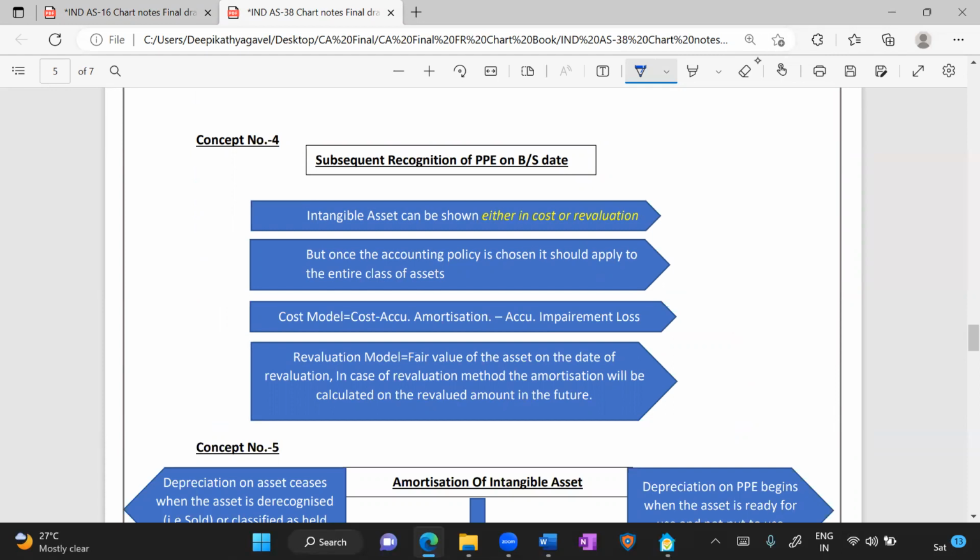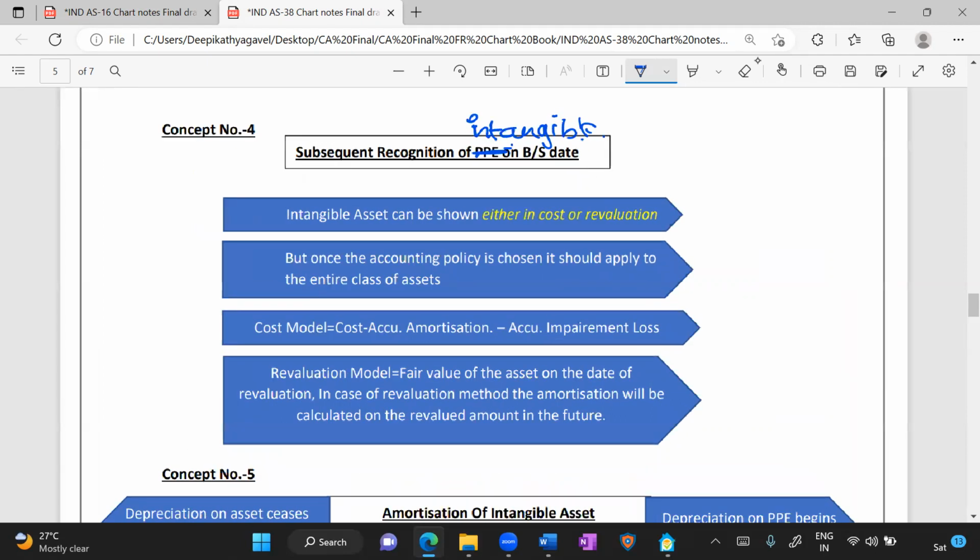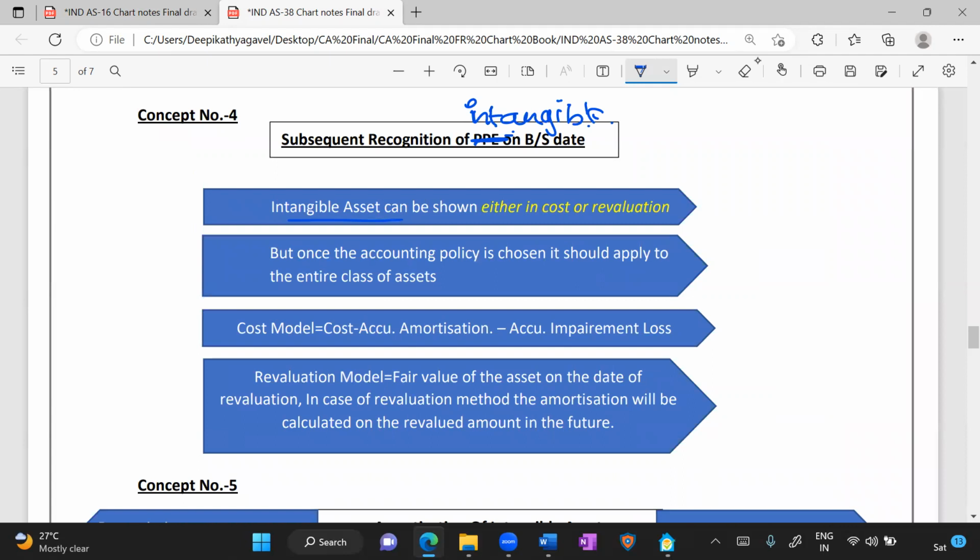Now coming to the subsequent recognition of intangible assets on balance sheet date. The intangible asset can be shown on either cost or revaluation model. But once you have chosen a policy, that policy will apply to the entire class of asset, right? And you know what is the cost model?